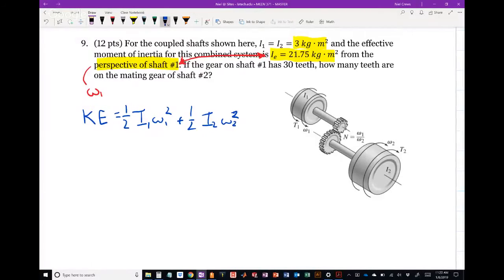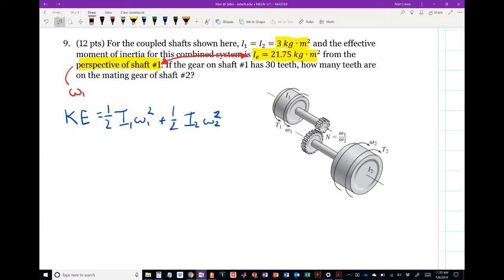Okay. Now we know that there is a gear ratio, but we don't know exactly what it is. But we can say, and here's kind of that equation already, that our omega 2 is going to be our omega 1 divided by n.